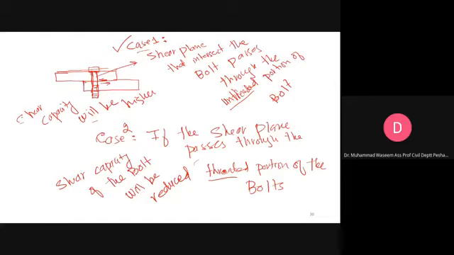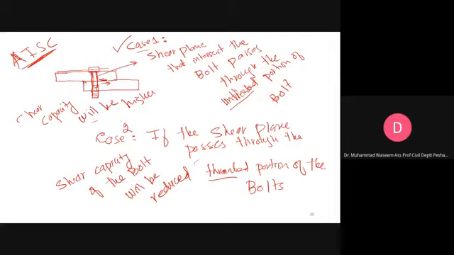And who says that if the shear plane passes through the body, the capacity is full, and if the shear plane passes through the threaded portion, the shear capacity will reduce? This specification, which is AISC, directs us: if this is case 1, you use the full capacity and it will resist more shear force.